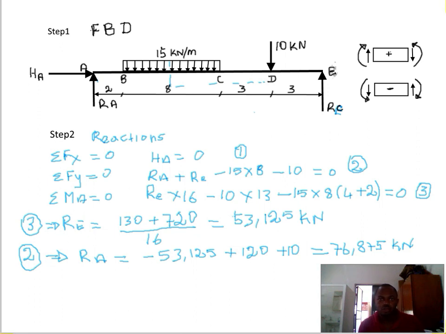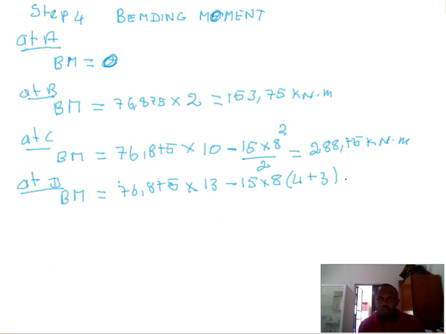That distance gives you 4 plus 3, that's why it would be 7. This is where the distance comes from, and then you get 76.875 times 13 minus 15 times 8 times 7.